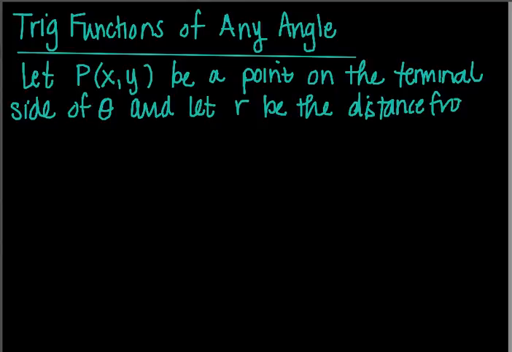Sorry, my handwriting is a little bit shaky on this. It's new, I haven't used this program yet. Another thing I maybe should have said here is, let theta be in standard position, but we'll assume. I know what assuming does, but we're going to assume anyway.